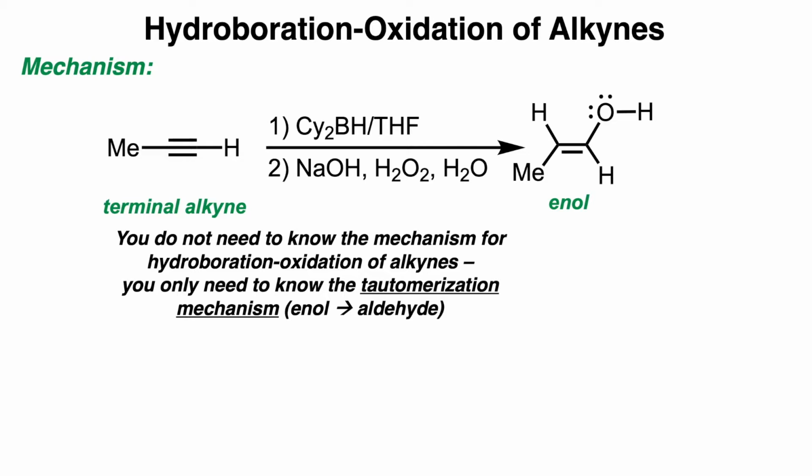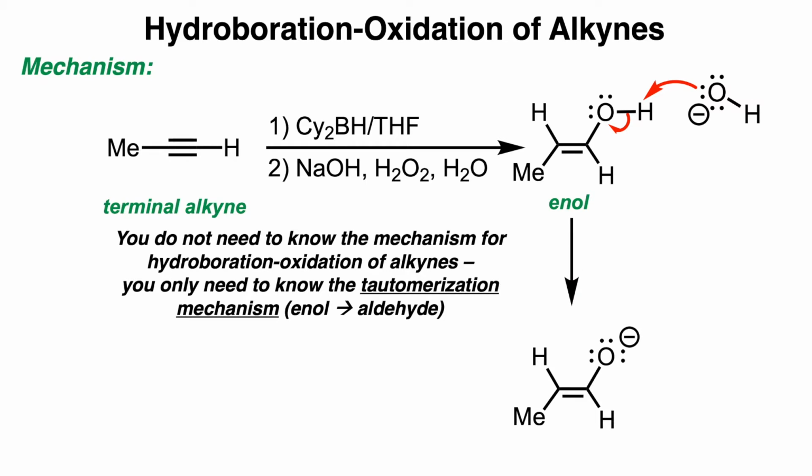The mechanism starts with the base, OH-, deprotonating the hydrogen of the alcohol group in the enol. The second arrow goes from the OH bond to form a new lone pair of electrons onto oxygen. This forms a negatively charged oxygen intermediate.